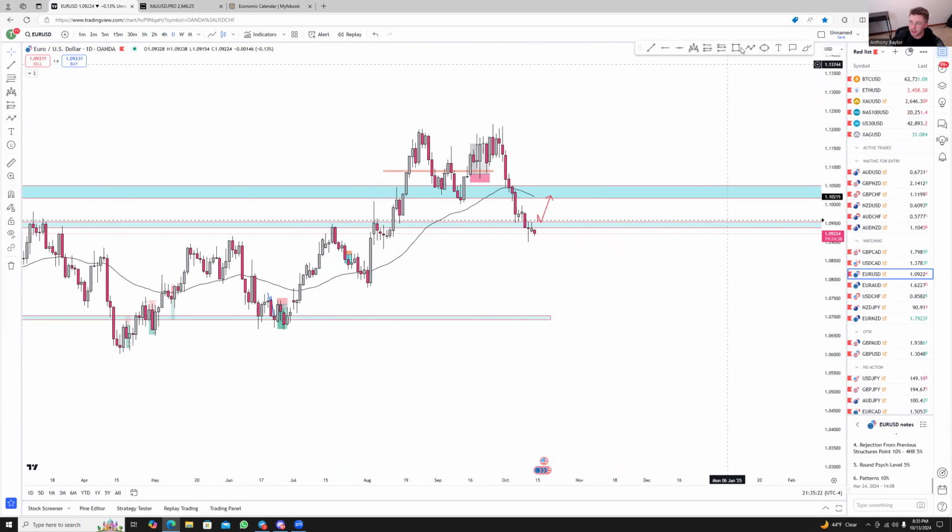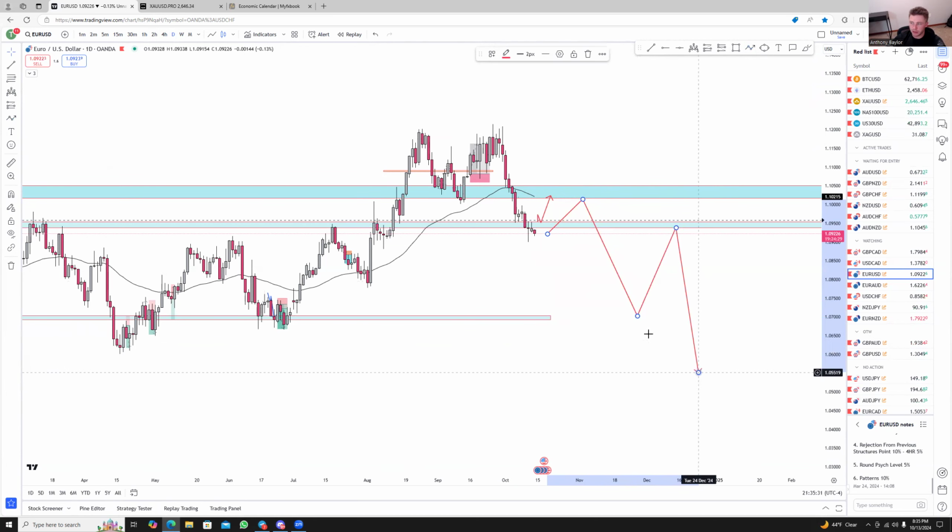So there's 2 things here. I personally think that it's gonna break, come back here, retest this neckline, and then give us the move that we're anticipating, which is the shorts.